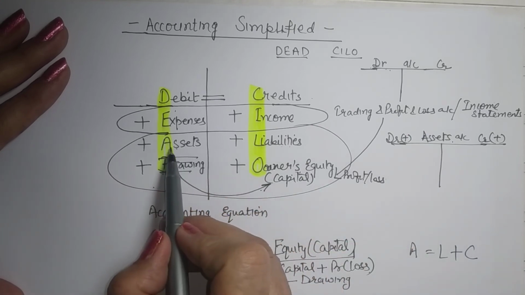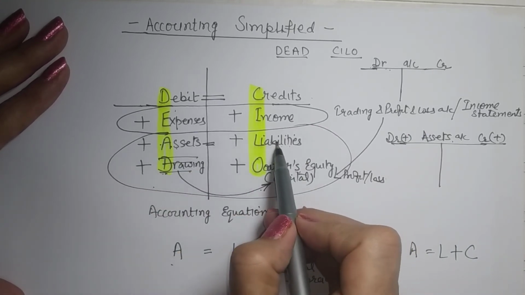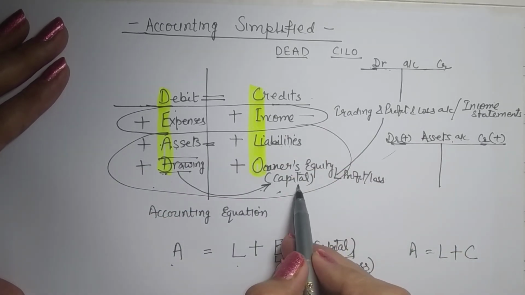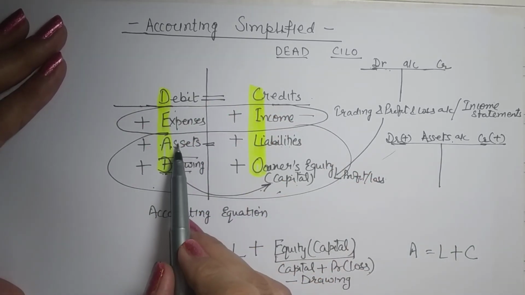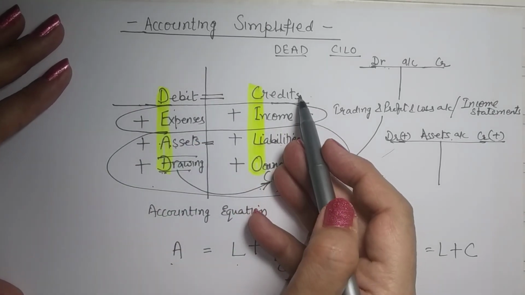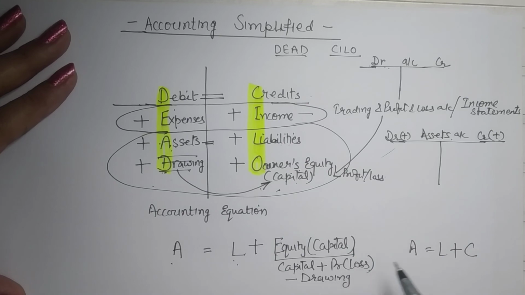So what we are left with is assets is equal to liabilities plus capital. This we have cancelled and adjusted in capital. So our phrase is left with only these three things. Since debit should always be equal to credit, asset will always be equal to liabilities plus equity.